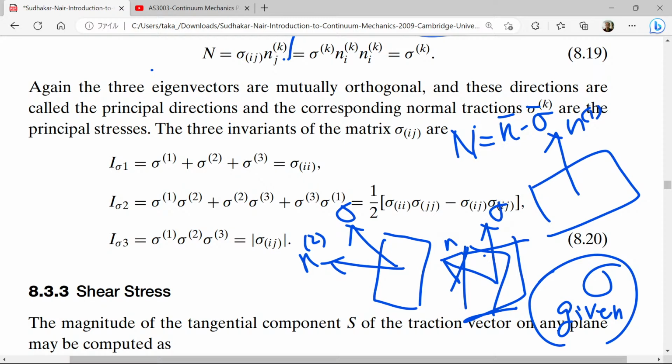This is called sigma 2. This is n2, sigma 2. So you obtain these 3 planes, and these planes are called principal directions, and corresponding normal tractions are the principal stresses. And the invariants of matrix sigma ij are something like this.